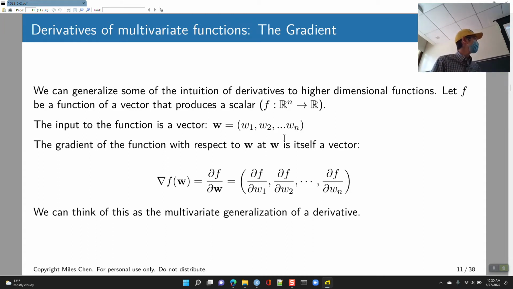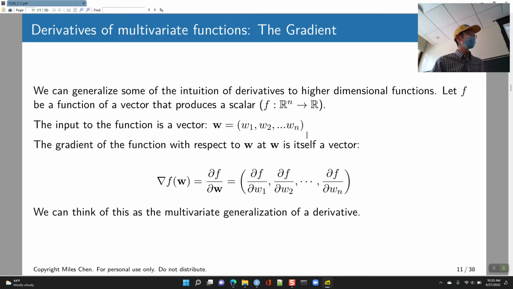So let's assume we have some n-dimensional vector w, and we have a function of w. Then we ask, what is the gradient of the function with respect to w? That is itself a vector, okay?